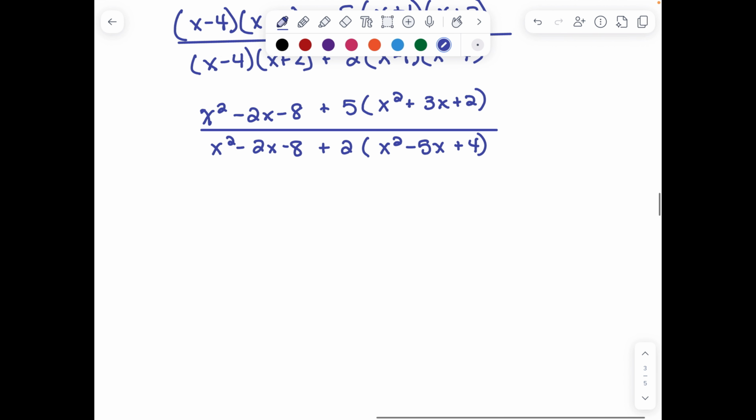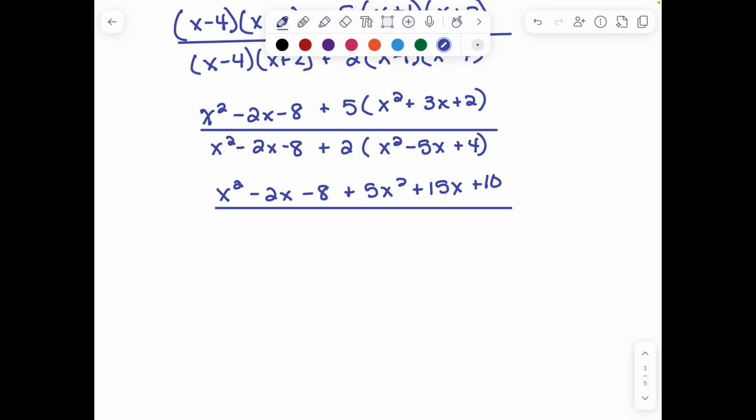We're going to keep simplifying, so we get x squared minus 2x minus 8 plus 5x squared plus 15x plus 10 all over. We still have x squared minus 2x minus 8. Again, we cannot simplify anything yet because everything's being added and subtracted together. This gives me plus 2x squared minus 10x plus 8.